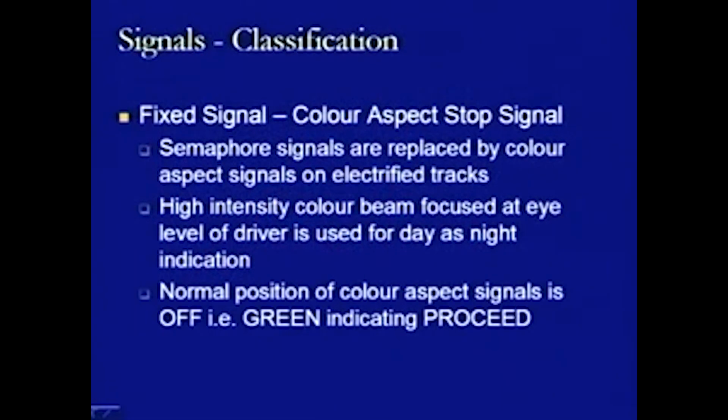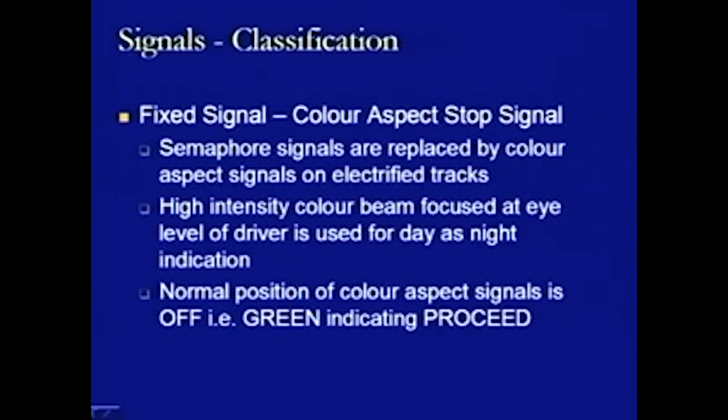And the normal position of a color aspect signal is off, that is green, indicating proceed. So, this is just the opposite to what is given by the semaphore type or movable arm signals. In the case of movable arm signals, the on position defined the normal condition, where it defined the stop or the danger ahead condition.